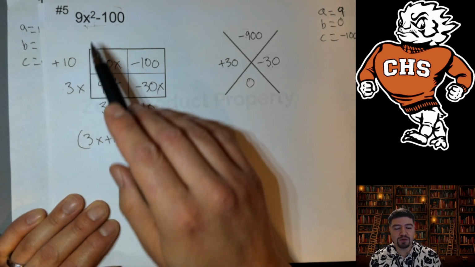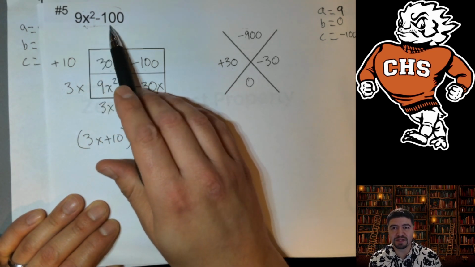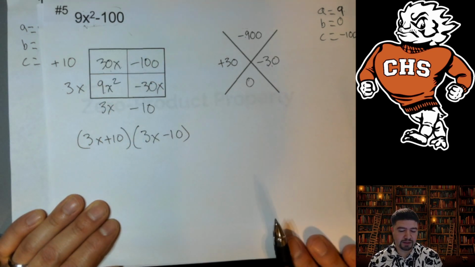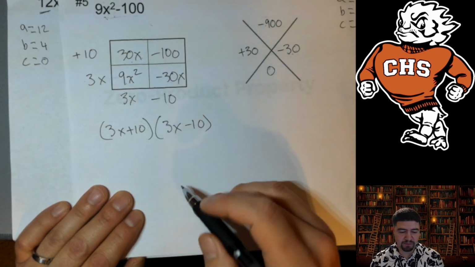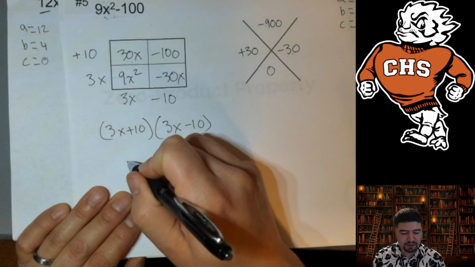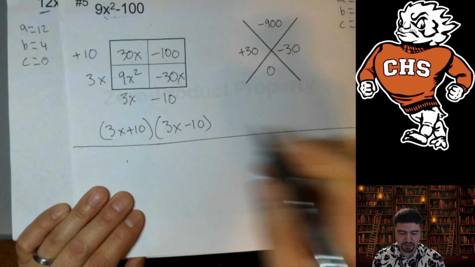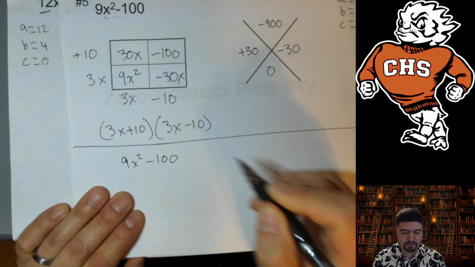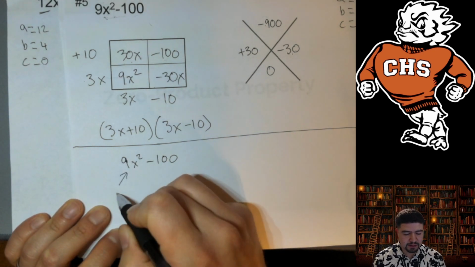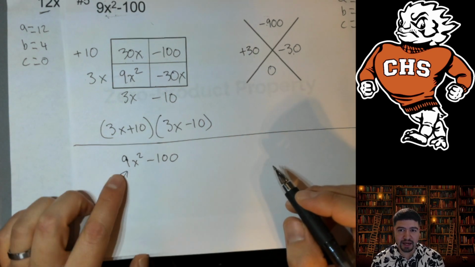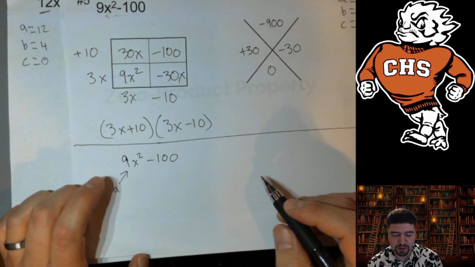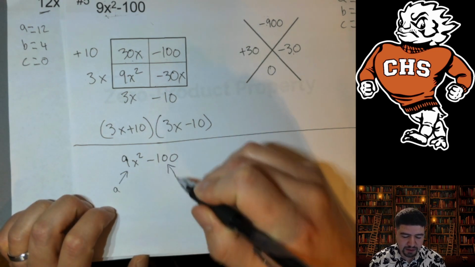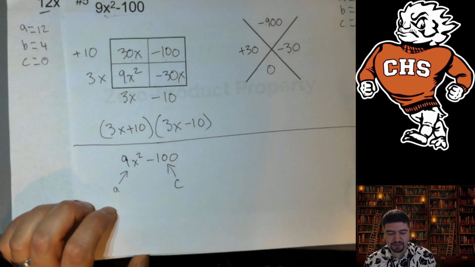But whenever you notice that you're looking at a difference of squares, it's always going to take this form. So if we have, let me kind of create a break here, 9x squared minus 100. This is our a, that 9, just the 9, not the 9x squared, just the 9. This right here, the negative 100, is our c.